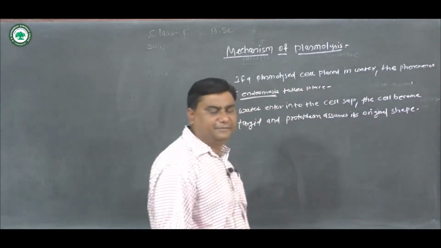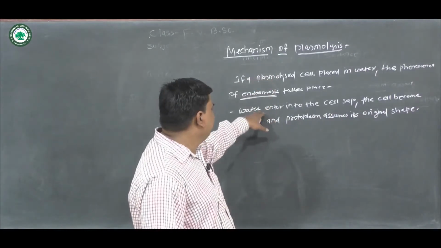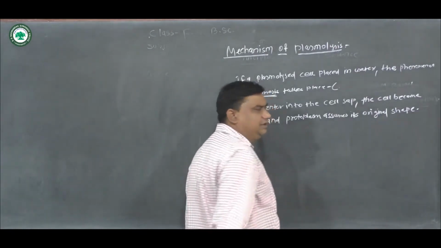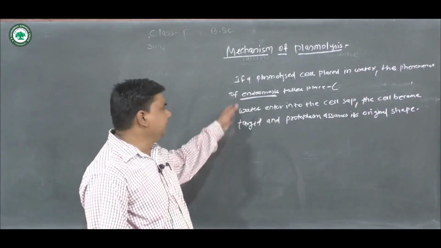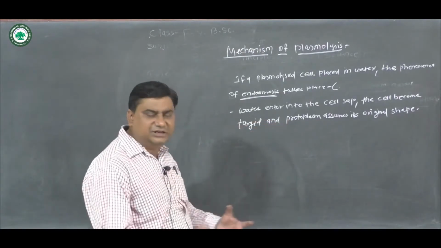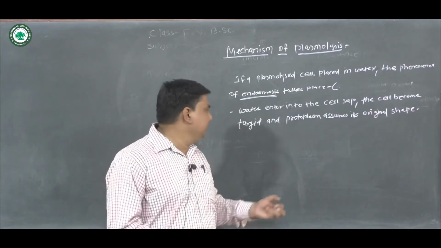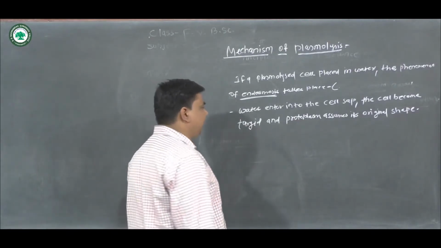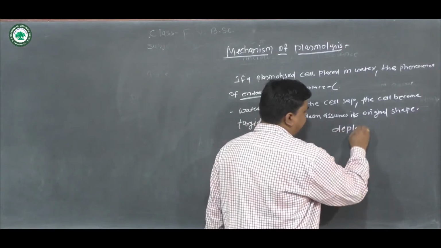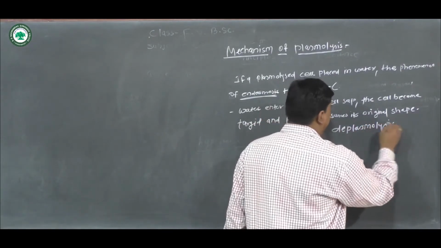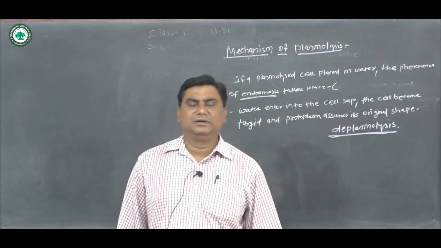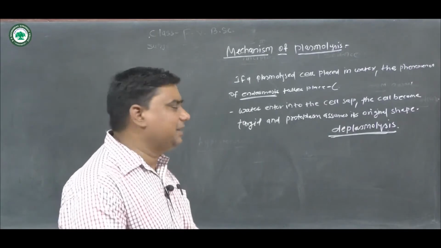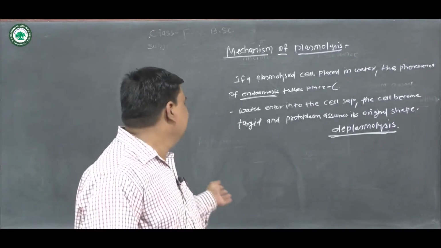When water enters into the cell sap, only after the incipient plasmolysis, the cell becomes fully turgid and the protoplasm assumes its original shape, and such a phenomenon is called deplasmolysis.